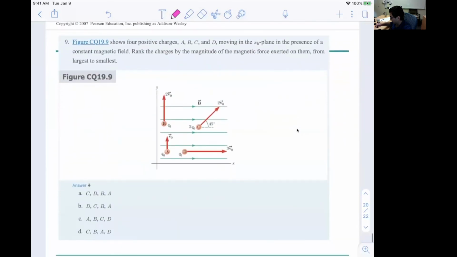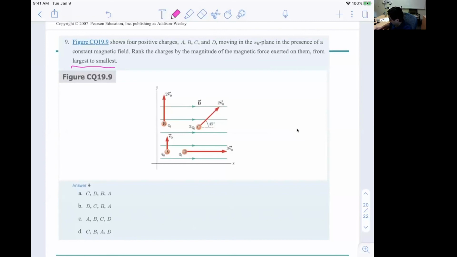Now we have four charges in the next question, A, B, C, D, moving in the XY plane, and the velocities are shown here. Rank the charges by the magnitude of the magnetic force exerted on them from largest to smallest. So let's find the forces on each.